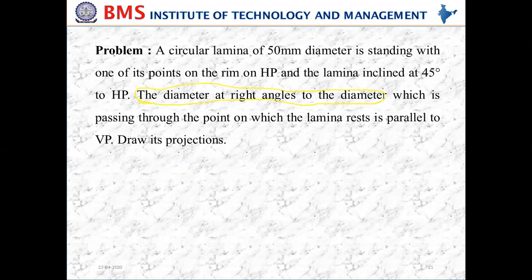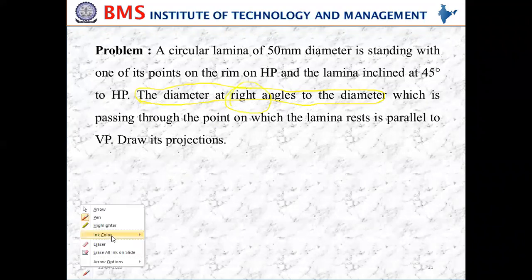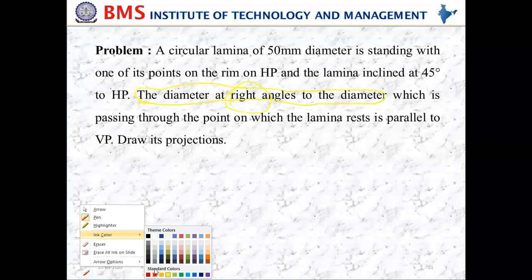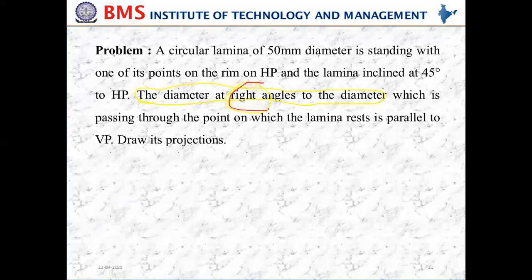Here right angle means 90 degrees. The diameter which is passing through the point, the diameter at 90 degrees to that is parallel to the VP.